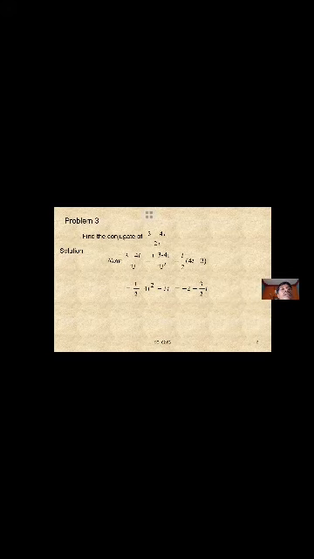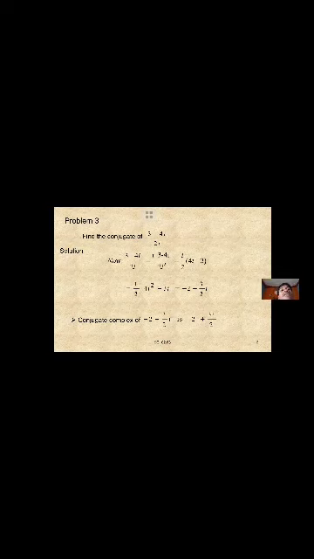Here the by 2 is not typed. Next, i square value is minus 1, so 4 into minus 1 is minus 4, and 4 by 2 means 2. So look here, minus 2 minus 3 by 2 i. Next, the conjugate complex of minus 2 minus 3 by 2 i is minus 2 plus 3 by 2 i.